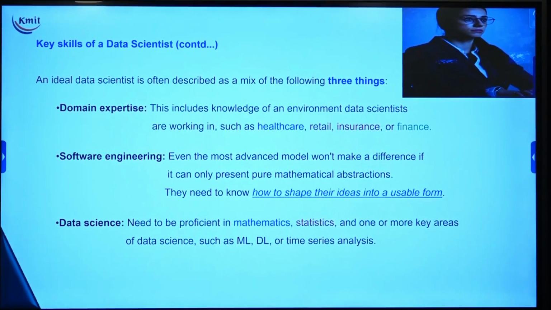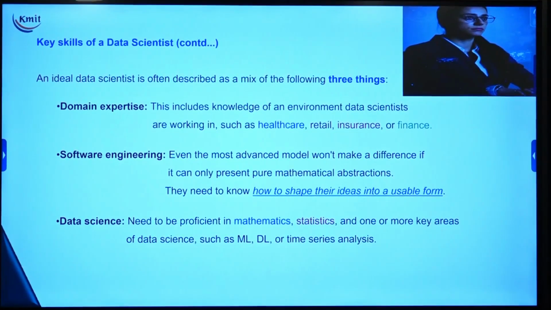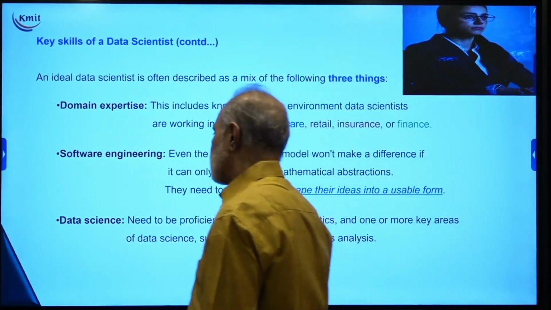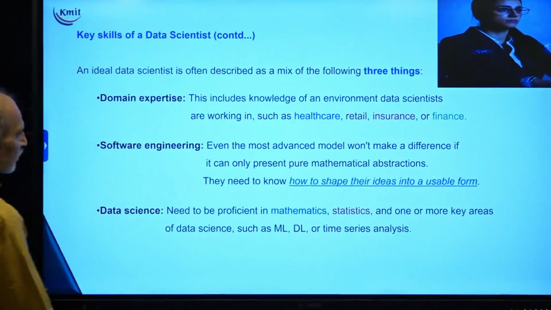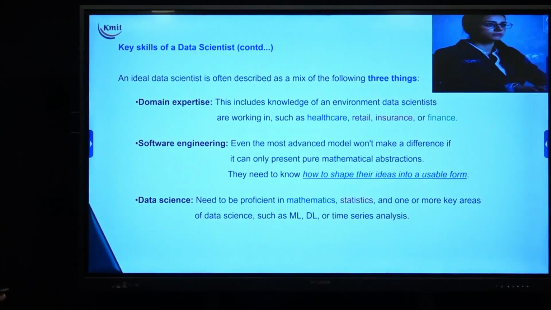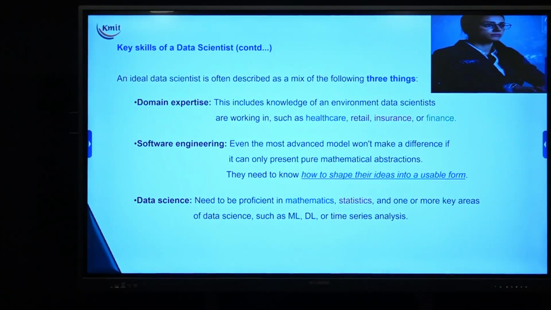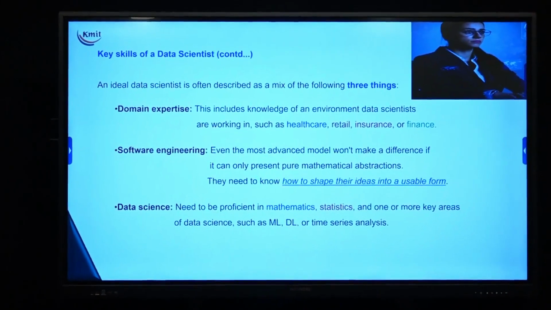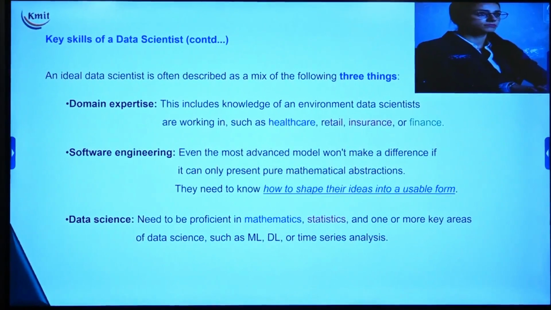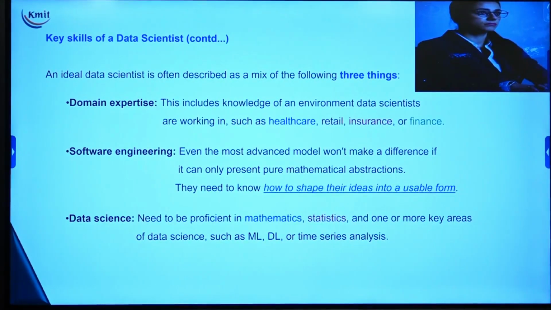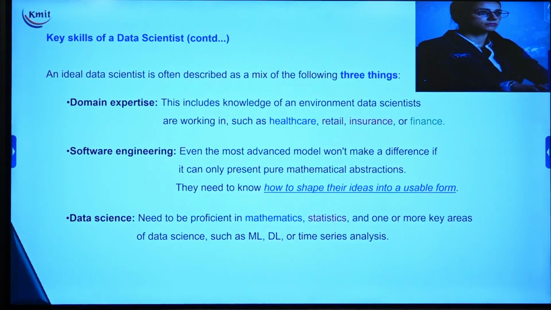So, let us see the domain. An ideal data scientist is often described as a mix of the following three things. Domain requirement includes the knowledge of the environment data scientists are working in, such as healthcare, retail, insurance, finance, and so on and so forth. So, you require good knowledge about the domain. The second part is software engineering.